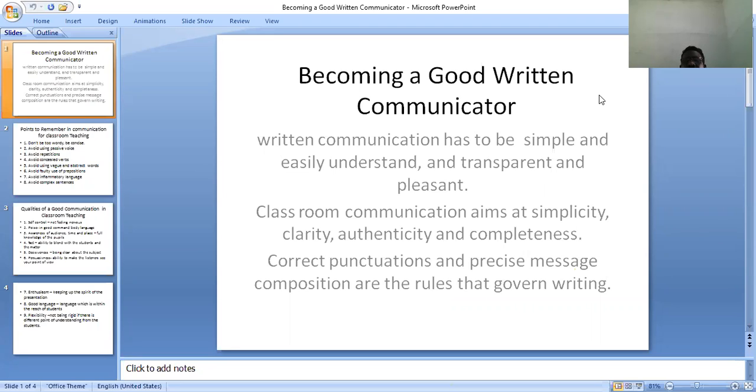The comma comes after "not." But "Kill him, comma, not leave him" means he was hanged. So punctuation plays a vital role in meaning in written communication, and precise message composition are the rules that govern writing.